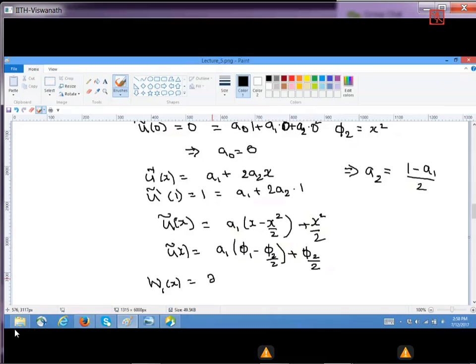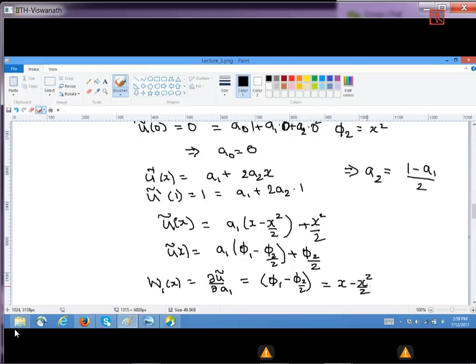So that means my weight will automatically become v1 minus v2 by 2 in this case, which is nothing but x minus x square by 2.